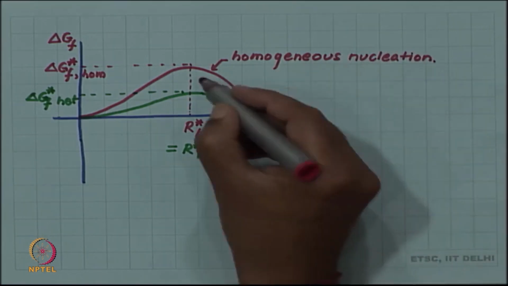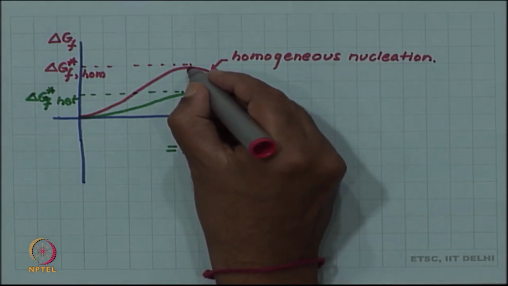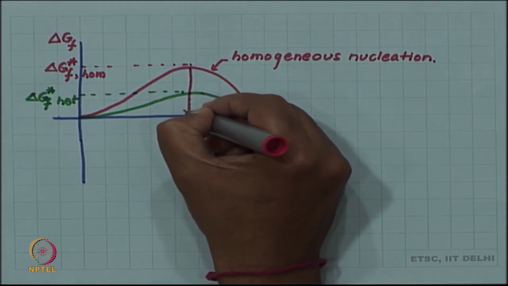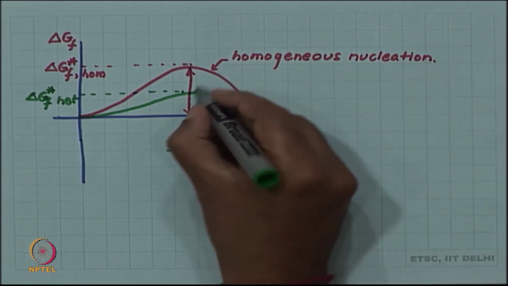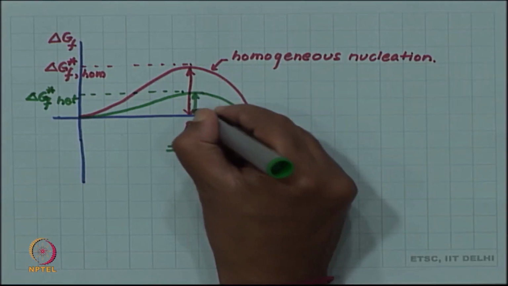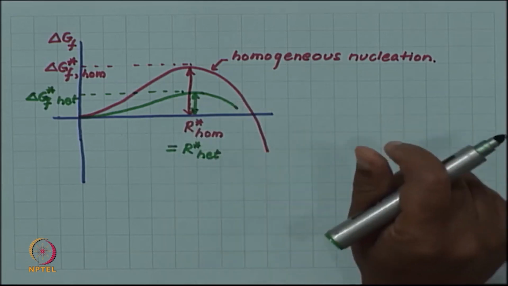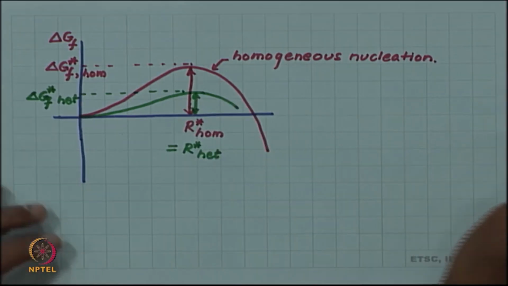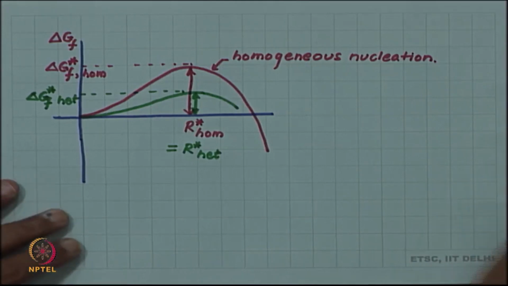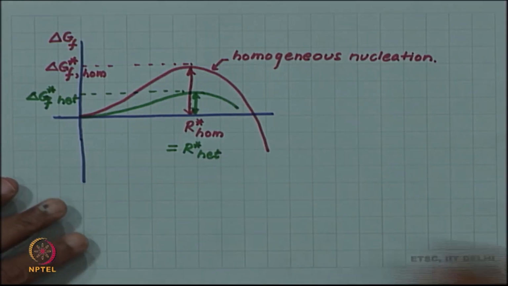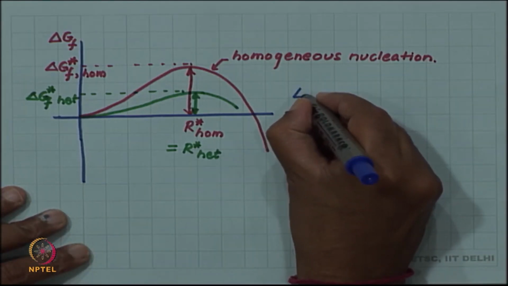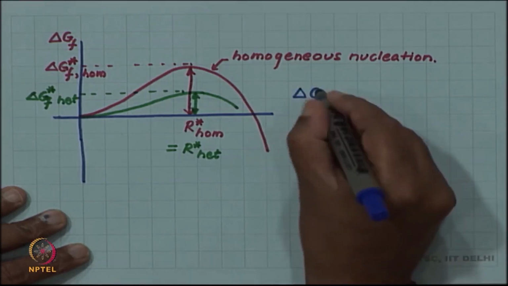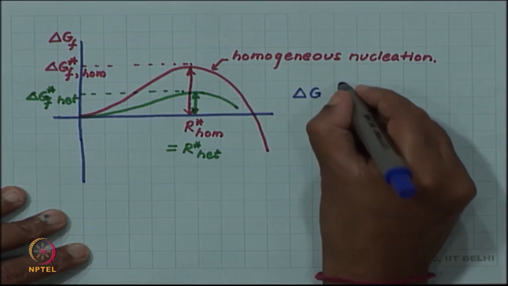So, you can think of this energy. Initially the energy of the system has to increase. So, this is a kind of energy barrier for the nucleation, and this energy barrier for nucleation will also be lower for heterogeneous nucleation than for homogeneous nucleation. If you derive the expressions for these, this will turn out to be again smaller by the same factor S theta which we have been using for the volume.